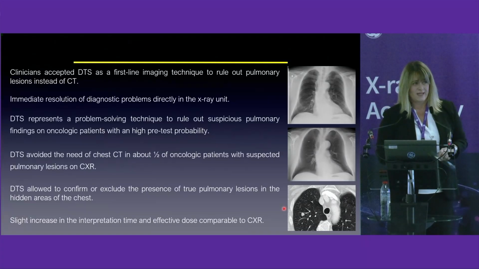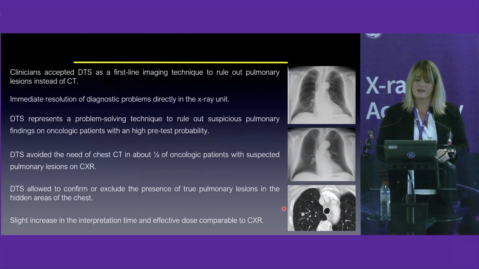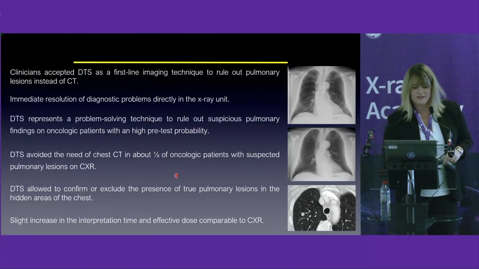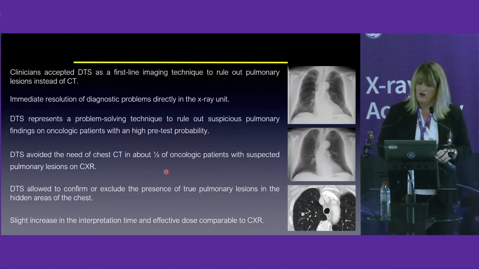So we can say that digital tomosynthesis represents a problem-solving technique to rule out suspicious pulmonary lesions in oncologic patients with a high pretest probability and avoid the need of a chest CT in about half of oncological patients with suspected pulmonary lesion on chest X-ray.